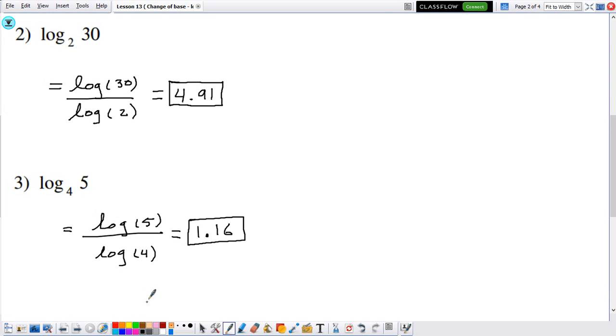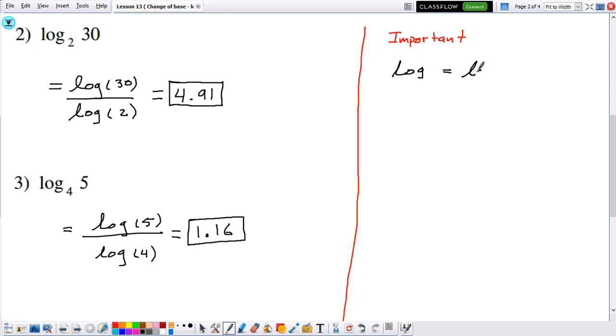Now, before we end the video, I want to make an important distinction here. When we write log, this is the same as if I would write log base 10. Every time you just see log, you're going to assume that it has base 10.